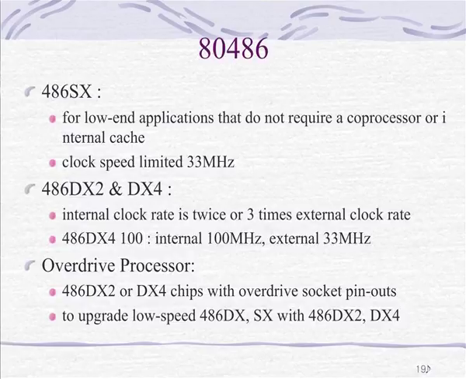The 486DX4 has an internal clock frequency of 100 megahertz and external of 33 megahertz. Then 80486 also had some overdrive processors, that is, 486DX2 or DX4 chips with overdrive socket pinouts can work at even higher speed. To upgrade the low speed 486SX, the 486DX2 and DX4 can be used.